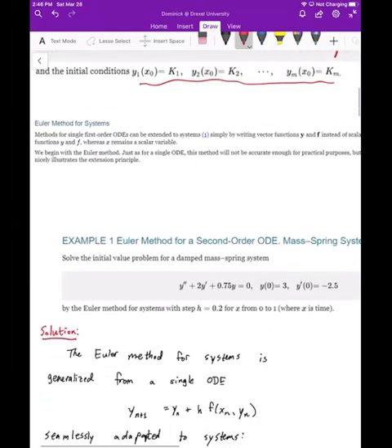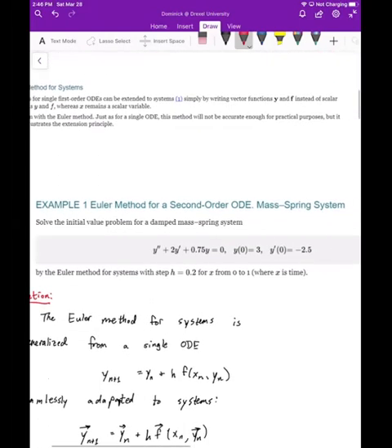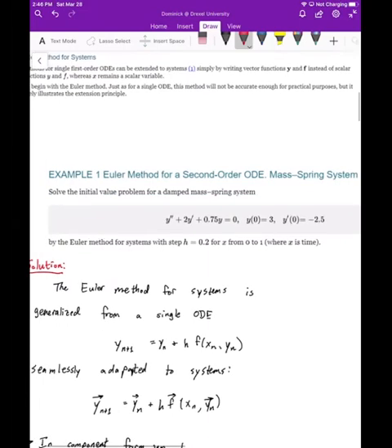The first example we're going to look at is our familiar damped mass spring system. In this case, we're looking at the unforced, or homogeneous, version. So we will have two initial conditions, and the step size that we're going to consider is h equal to 0.2.